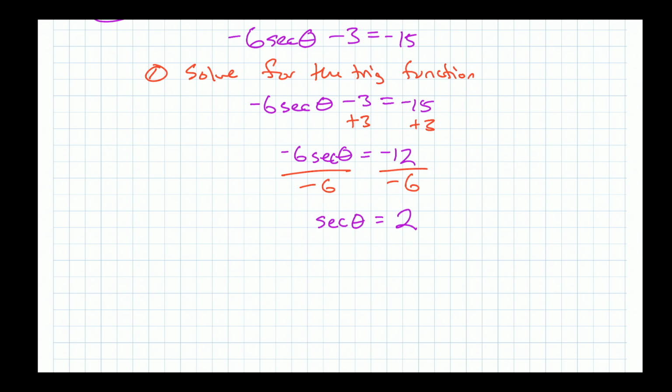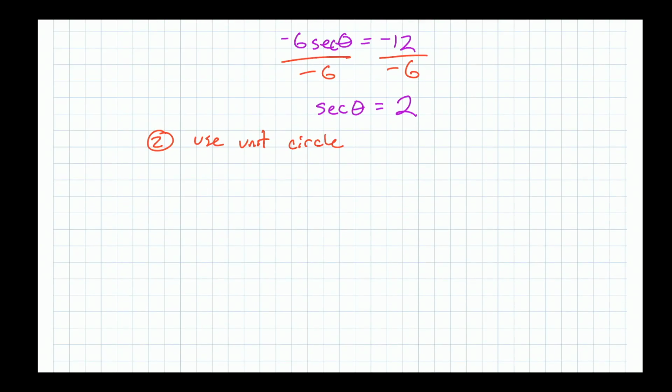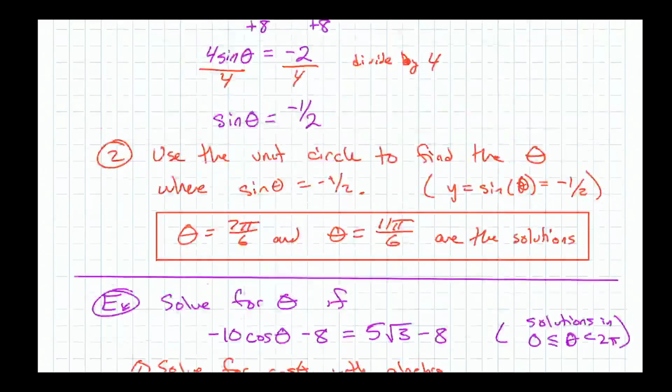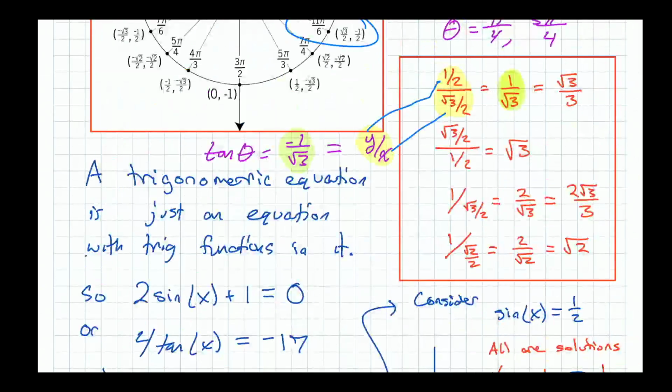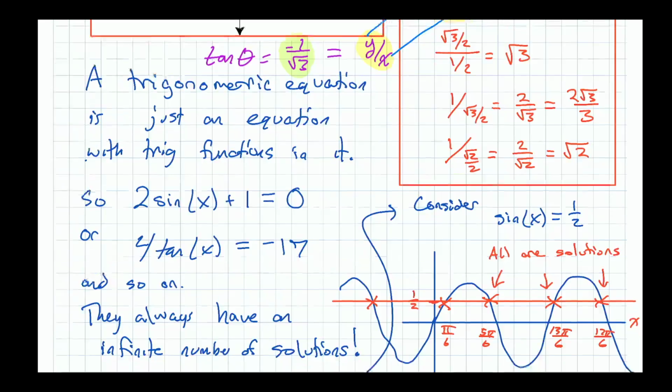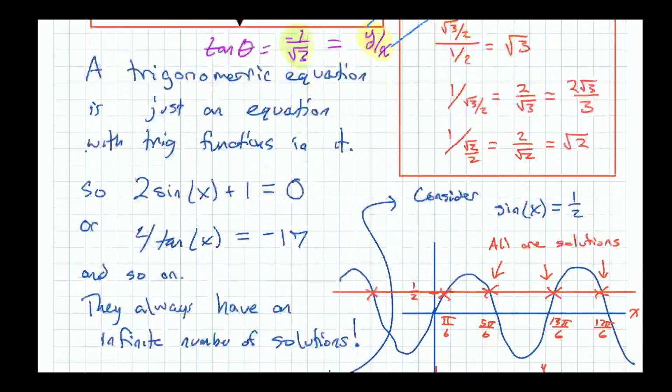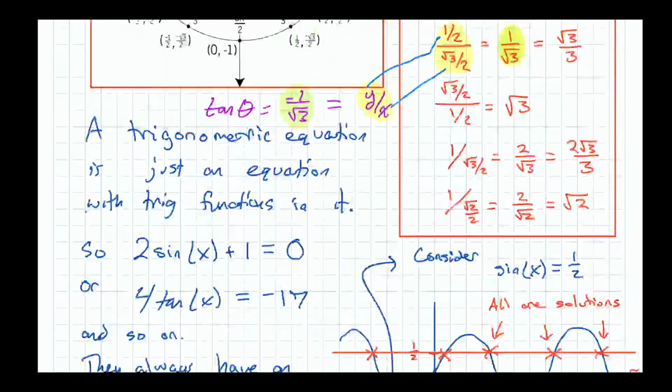Then what we need to do is look at our unit circle. Something you can do to make this easier: I didn't write out the ones that were useful for the secant. Well, I did, but I just left one off the list here.